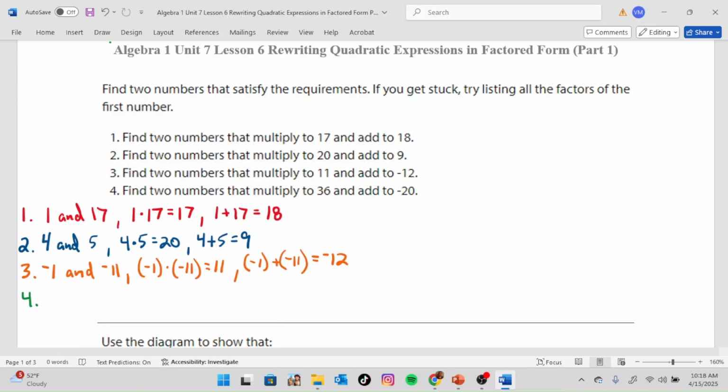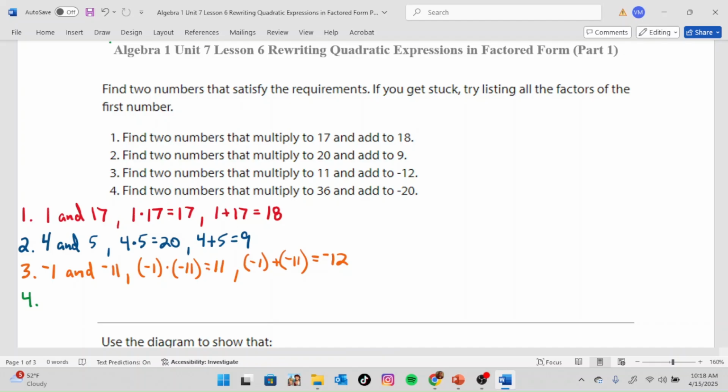And number 4, we want two numbers that multiply to 36, but add to 20. So I need two numbers that multiply together to 36, but they're 20 apart.